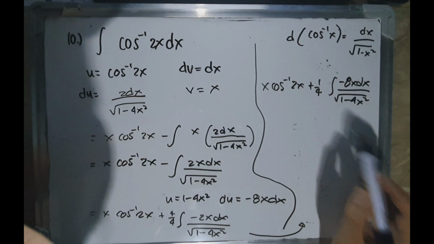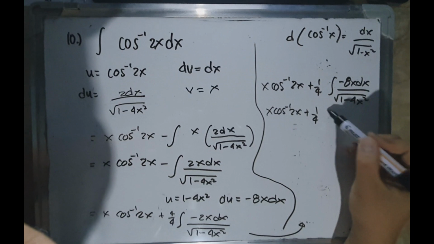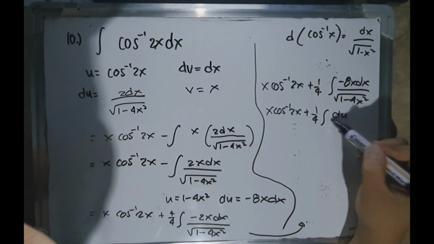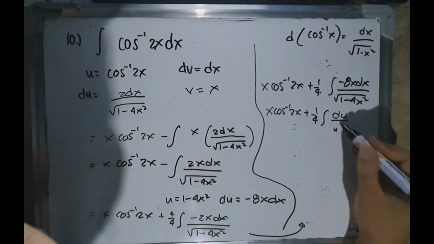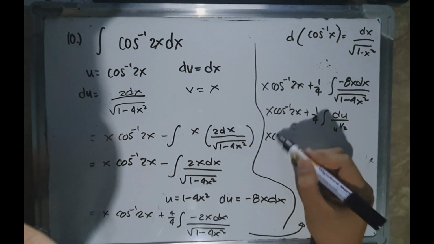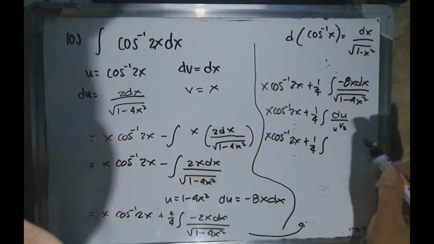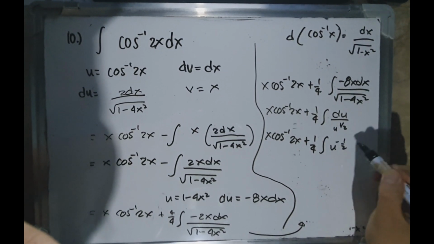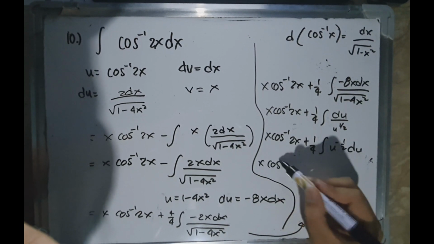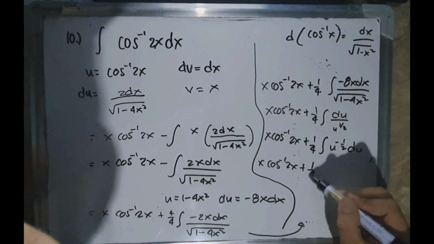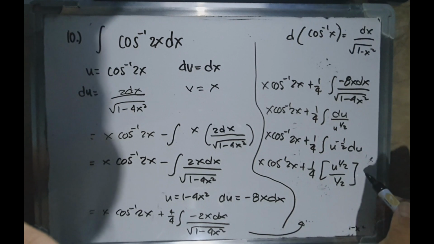Okay, so the form of 1/4 du over the square root of u, or u raised to the power of 1/2. x arccos 2x plus 1/4 integral of u raised to the power of negative 1/2 du. Negative 1/2 plus 1, that is 1/2. x arccos 2x plus 1/4 u raised to 1/2 over 1/2 plus c.